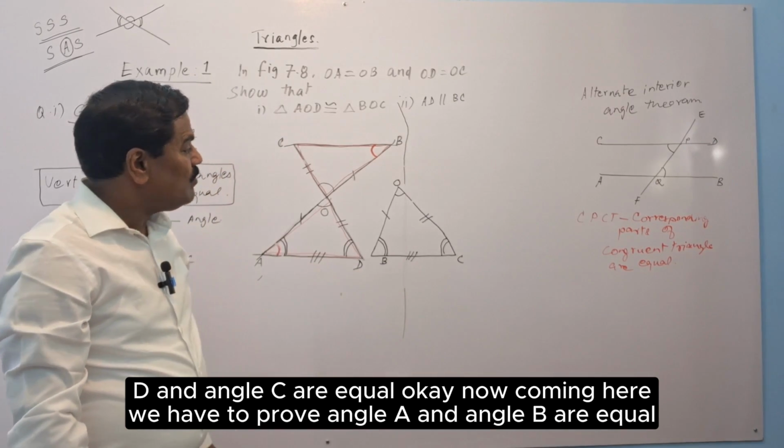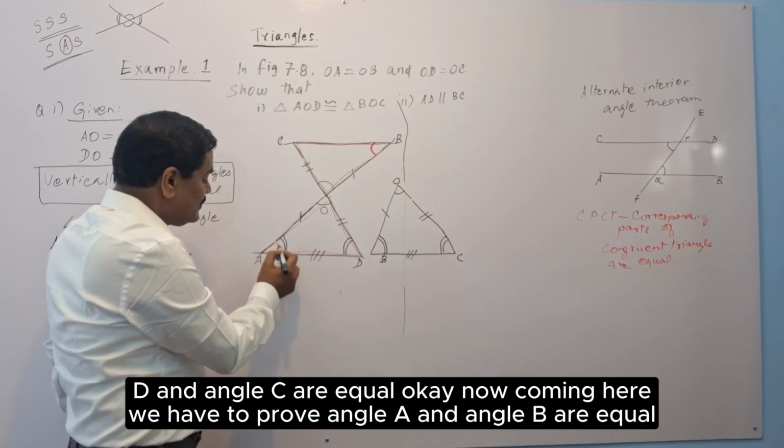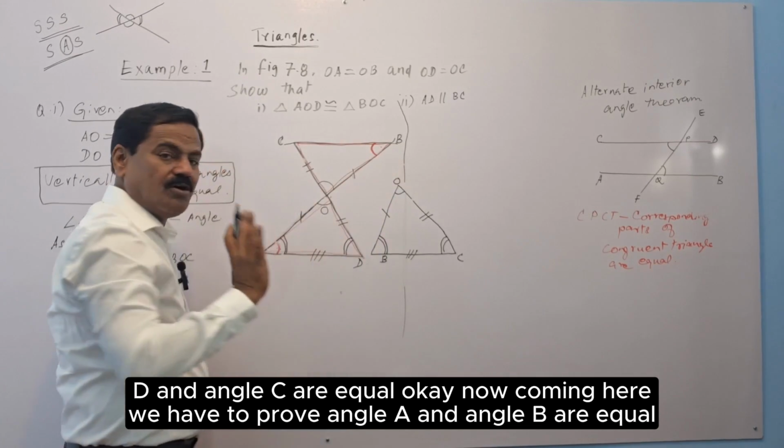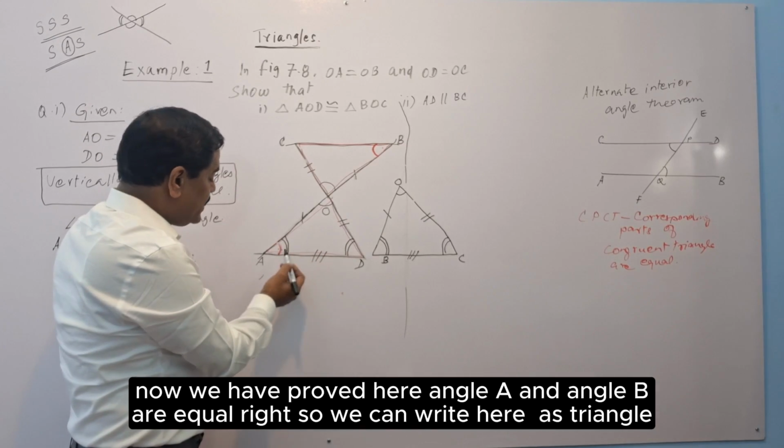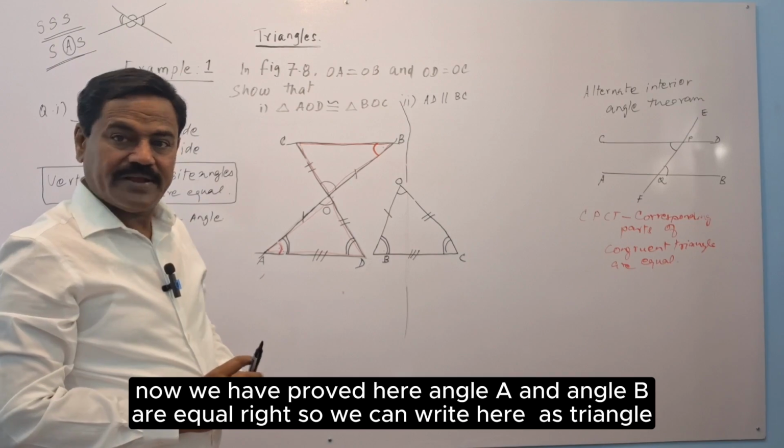Okay. Now, coming here, we have to prove angle A and angle B are equal. Now we have proved here angle A and angle B are equal, right?